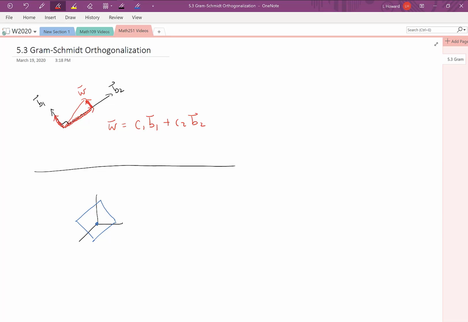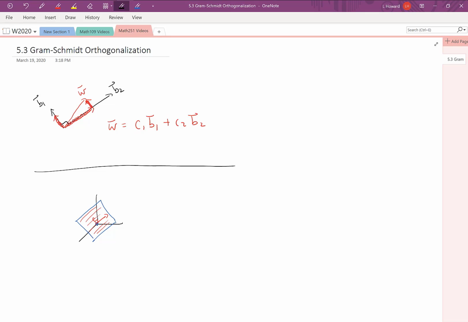That means we need to find a couple of vectors that are on that plane and that are orthogonal to one another. In our picture, it could be this vector here and that vector there, orthogonal to one another, but also both lying on the plane, so that when we take the span of those two vectors, we are describing this specific plane in the question. So that's what we're trying to accomplish here.